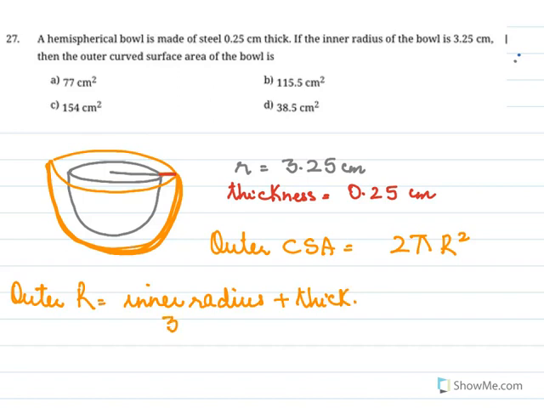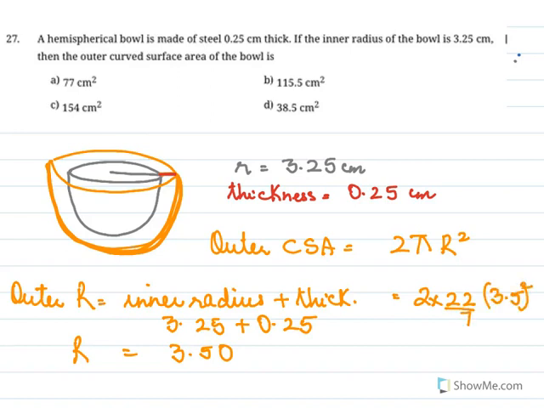So inner radius is 3.25, the thickness is 0.25, so the outer radius here is 3.50. So we'll put this value and we'll say 2 into 22 by 7, that is 3.5 the whole square. And on working this, you get the answer 77 centimeter square. So this is the right option.